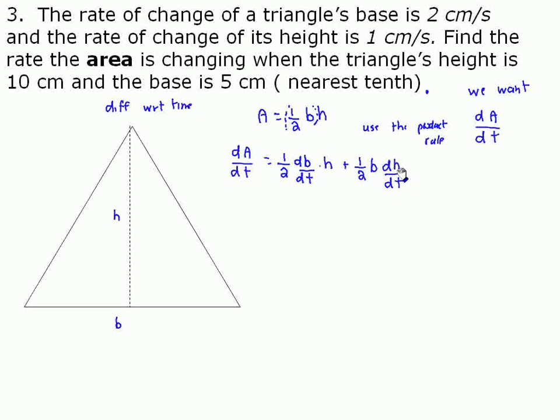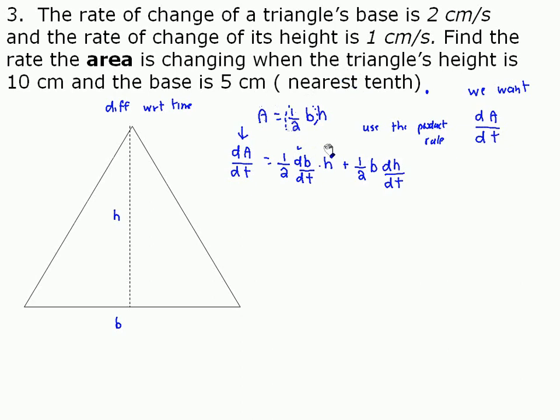And now I'm going to take stock of what we have and what we want to find. dA/dt, as I noted earlier, is the variable that we're trying to solve for. And then dB/dt. Well, we have that. dB/dt is the rate of change of the base. So we have that variable. The height. Well, we have the height.